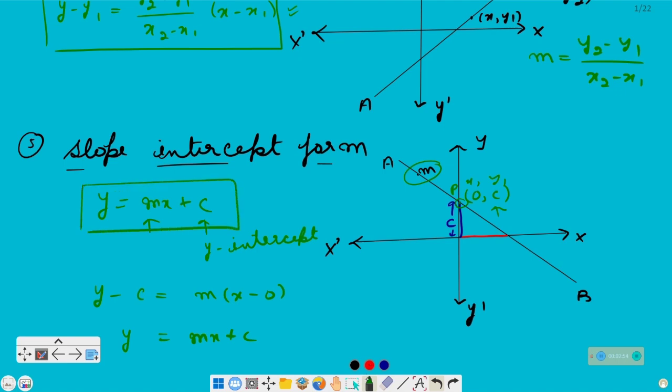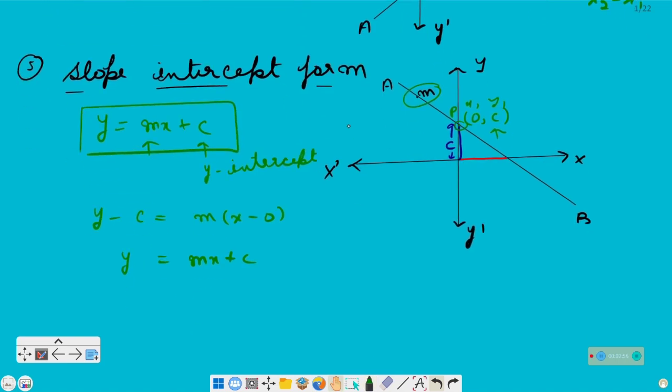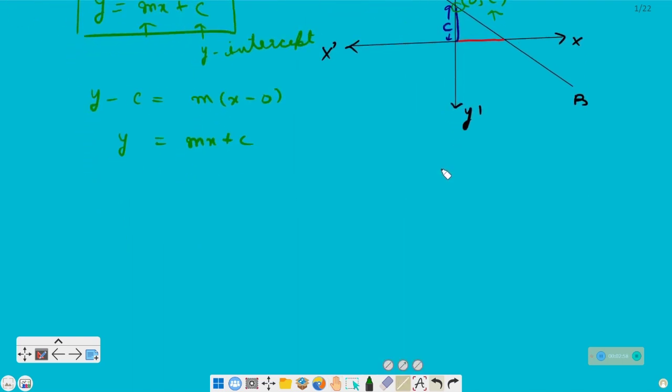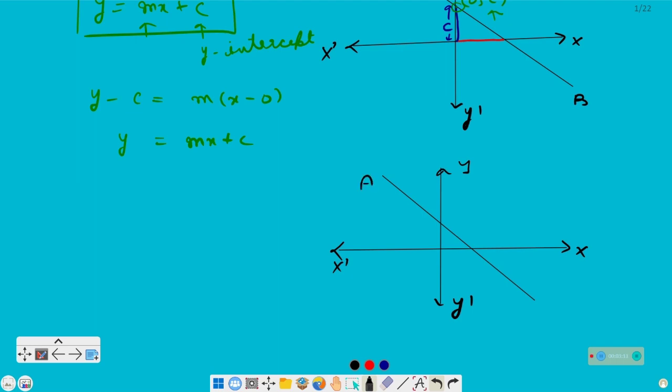Now second case, in this form, if x intercept is known, we want to find the equation of AB and x intercept, suppose it is b, is known and the slope of the line is m. Then the equation of line, if this is b, it means the coordinate of this point P will be (b, 0).